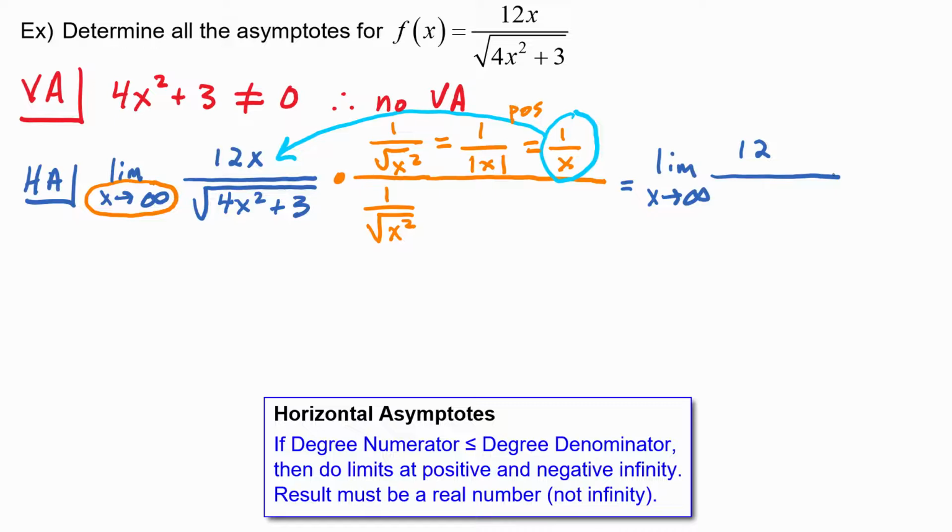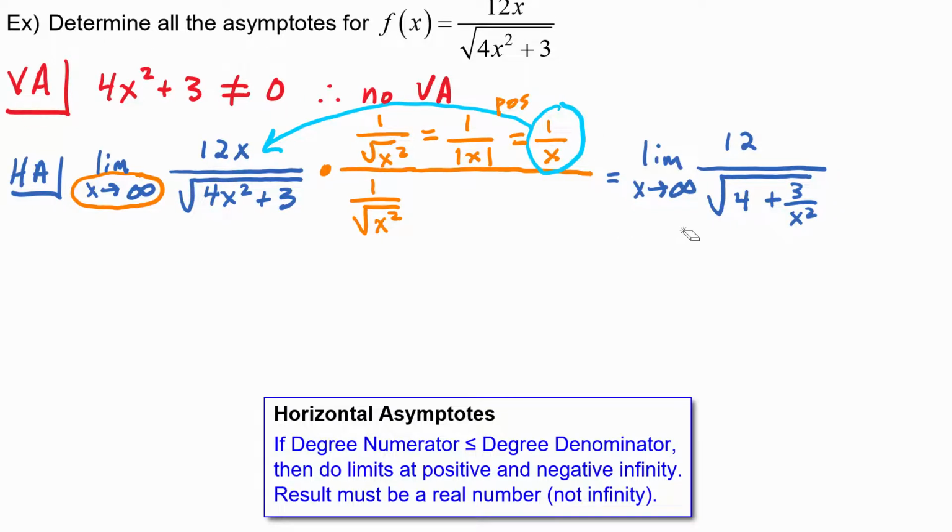Now in the denominator, it's easy because they are both under the radical, so the result will be under the radical, and we have 4x squared times 1 over x. Remember, they're both under the radical, so this becomes 4, and then 3 over x squared.